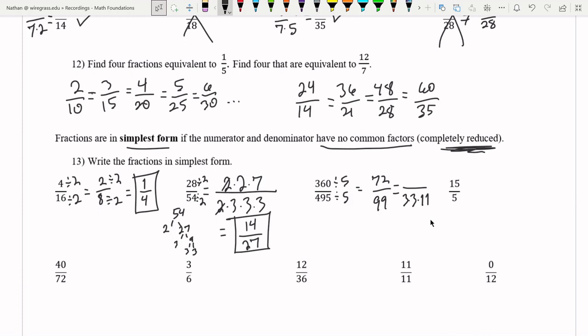That may not be obvious to you. If not, that's fine. Just find a common factor to divide 72 and 99 by, and keep going from there. No matter which process you do, you should always get the same simplest form, because there is only one simplest form, the one that has no common factors.